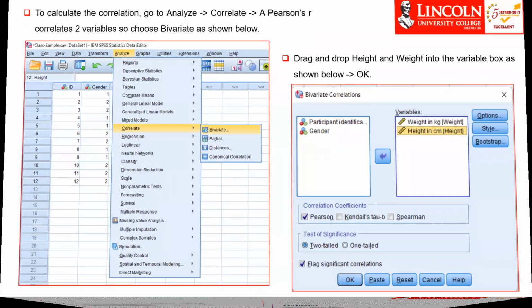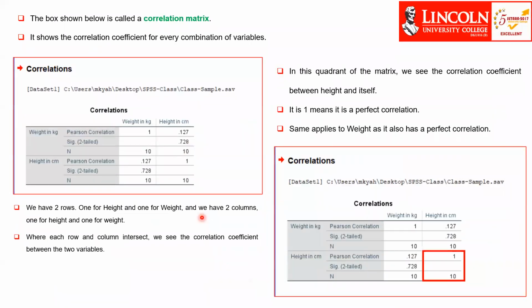Once you click OK, this is what you get for this particular result. The box shown below here is referred to as the correlation matrix. It shows the correlation coefficient for every combination of variables. We have these two variables, and we have them as columns and as rows.